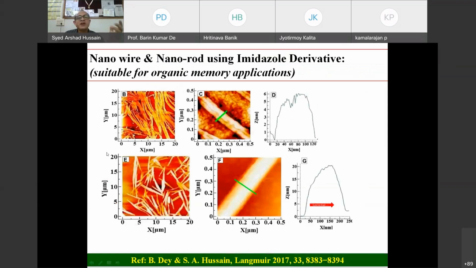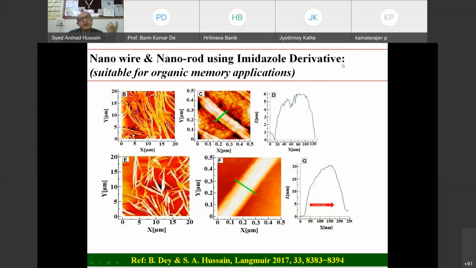Now I am sharing some examples where LB films or the LB technique have been used to assemble or organize materials at molecular level, having some specific applications. This is work we have done in our lab, where we have prepared organic nanowire as well as nanorod with an imidazole derivative.